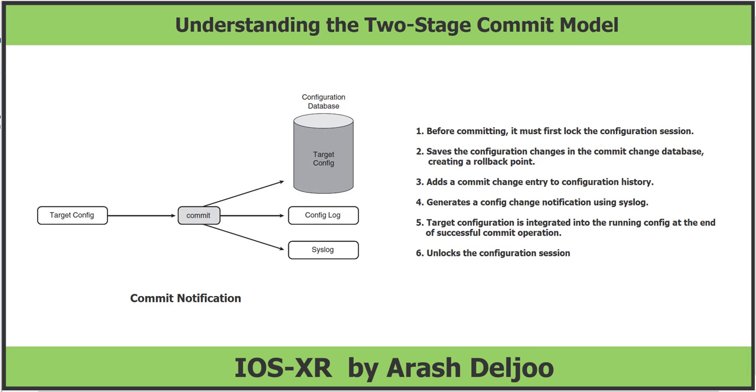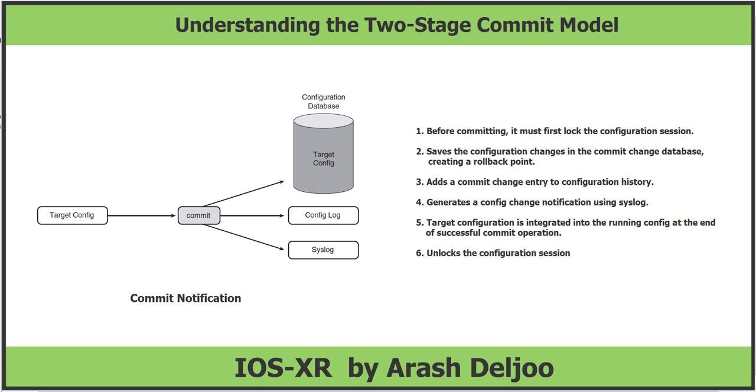Step 2, it saves the configuration change in the commit change database, creating a rollback point. Step 3, it adds a commit change entry to the configuration history. Step 4, it generates a config change notification using syslog, which I will show you. And step 5, the target configuration is integrated into the running config at the end of a successful commit operation.